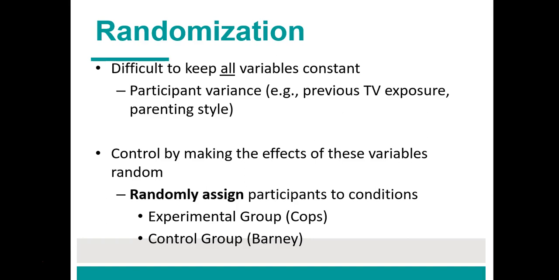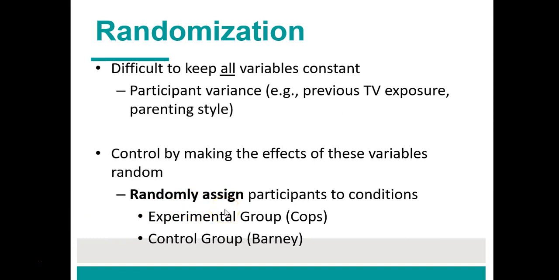No, because if they've chosen what group they're in, perhaps the more aggressive children would choose to watch COPS, and the less aggressive children would choose to watch Barney. And so we couldn't make a conclusion or a cause and effect statement, which is what we're trying to do with an experiment. So random assignment to groups is extremely important.